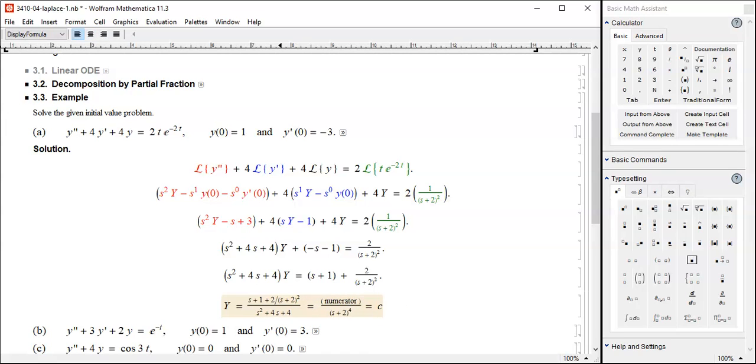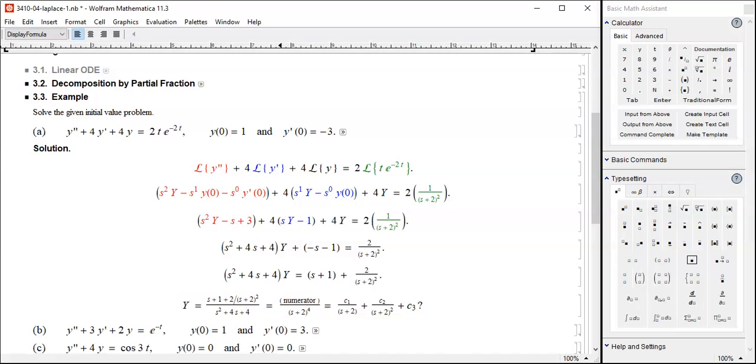So you're going to end up with something like this: C1 over S plus 2, plus C2 over S plus 2 squared, plus C3 over S plus 2 cubed, plus C4 over S plus 2 to the 4th power, and then take the common denominators and work out, and then find out C1, C2, C3, and C4, and that's going to complete this decomposition by partial fraction.